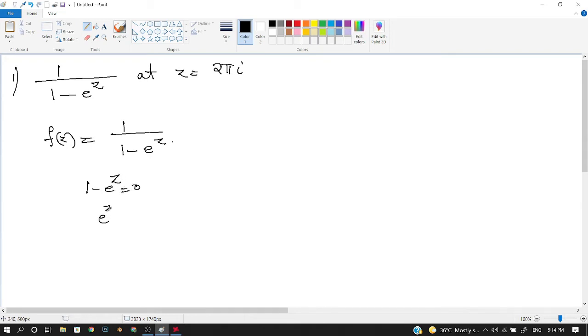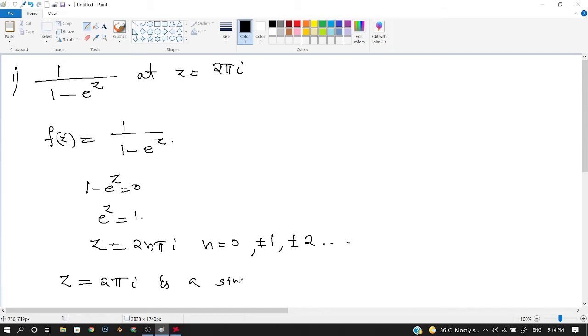That means e raised to z is equal to 1. That means z is equal to 2n pi i, where n equal to 0, plus or minus 1, plus or minus 2, etc. So z is equal to 2 pi i is a simple pole.